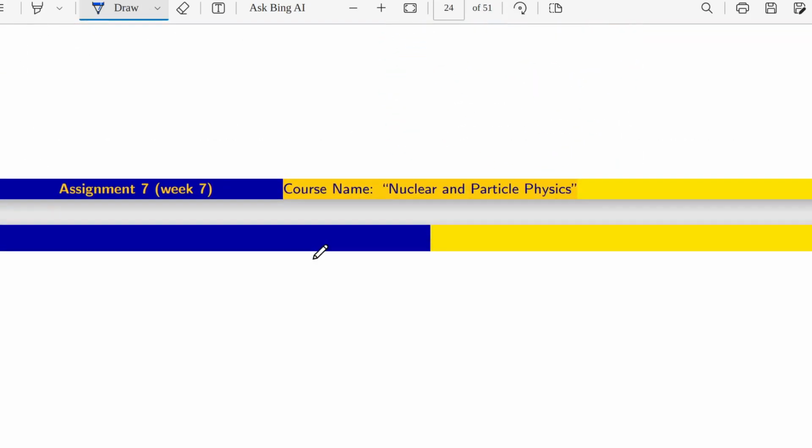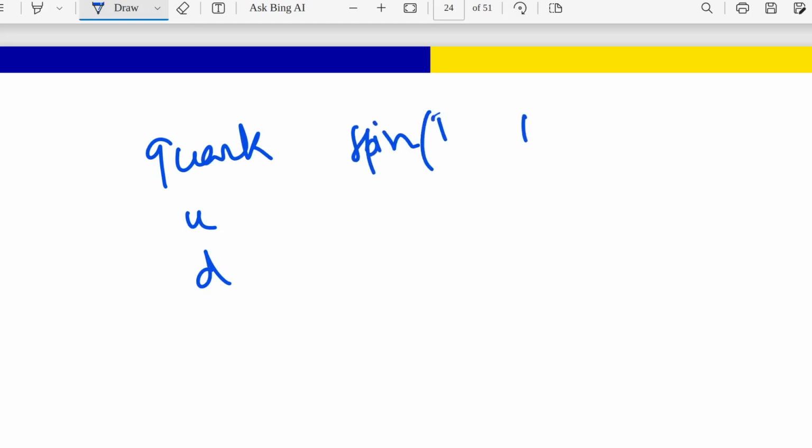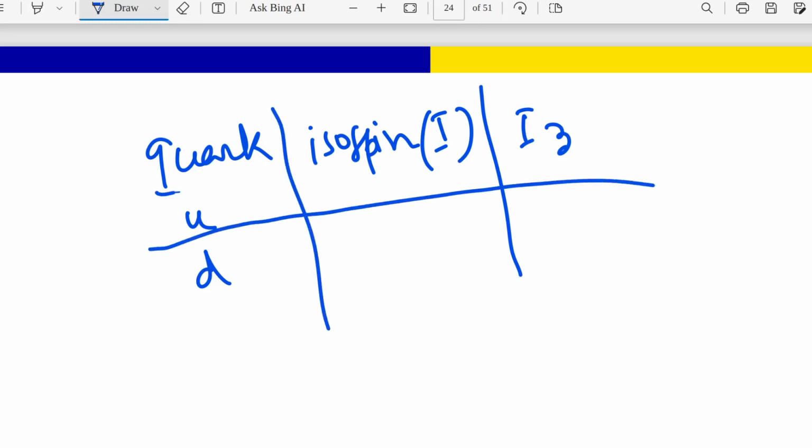Now I think from that lecture, like Professor Paulus's lecture, you got the knowledge that for a particle, not exactly particle, it should be quark: U, D, spin, isospin, and I3 value. So I think you have already known these things because it's already given in his lecture.